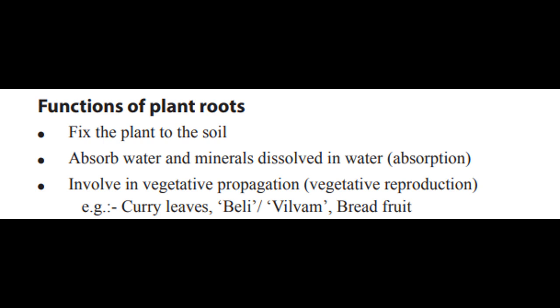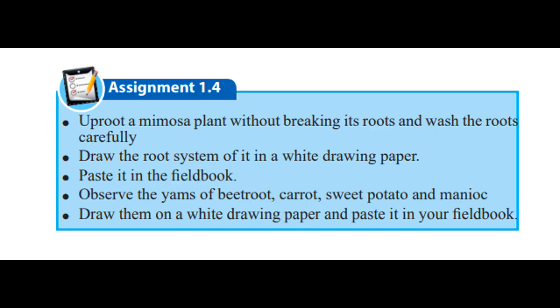The main types of plant roots are the taproot system and the fibrous root system. But apart from these, there are some other important plant roots as well. We are going to do this assignment in order to study those plant roots as well. Okay? Right. So, assignment, we will go through this.